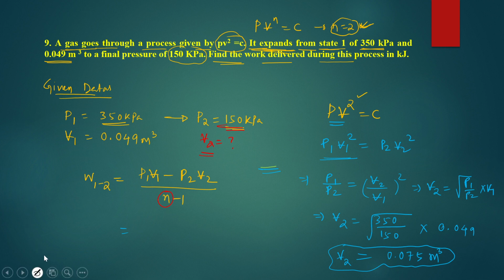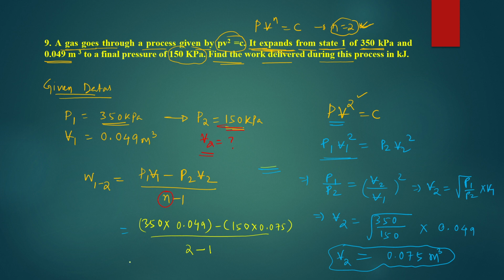So here E1 is given to us as 350 into V1, that is 0.049, minus P2, that is 150, into 0.075, divided by n, that is 2 minus 1, right?